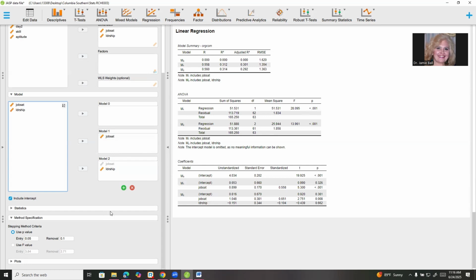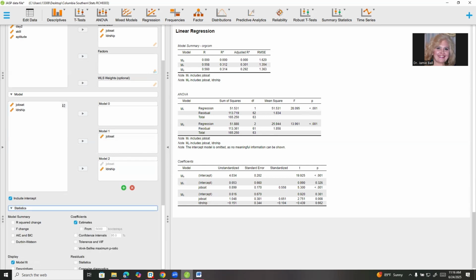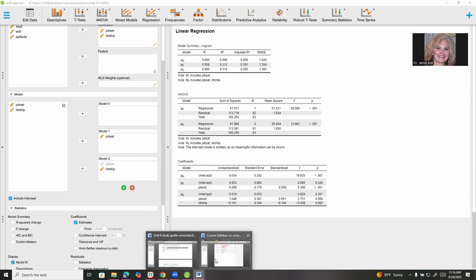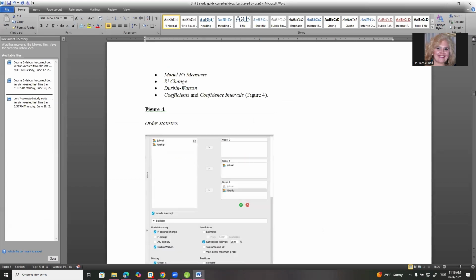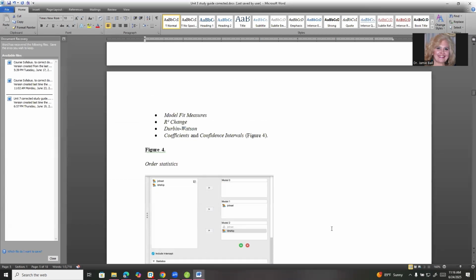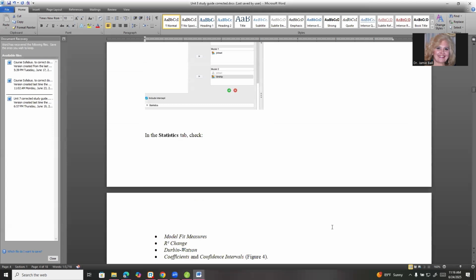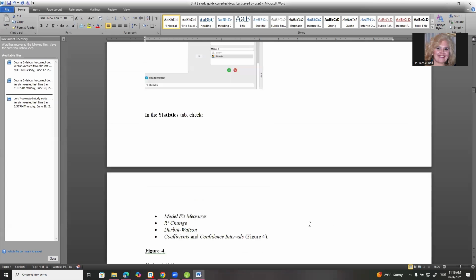All right, now the statistics I want to order, I'm going to want to order my Durbin-Watson. I'm going to want to order model fit measures, R-square change, and the coefficients and confidence intervals, right?